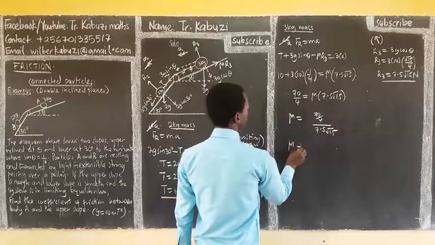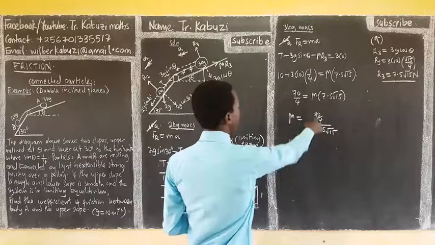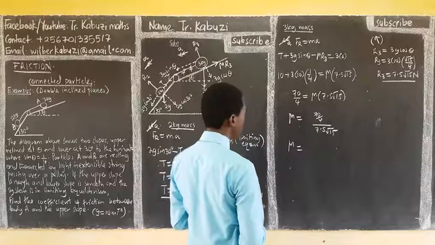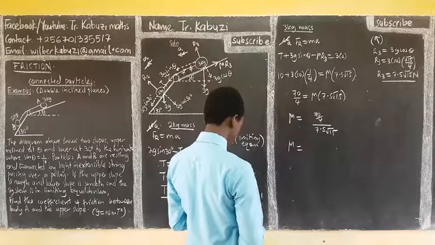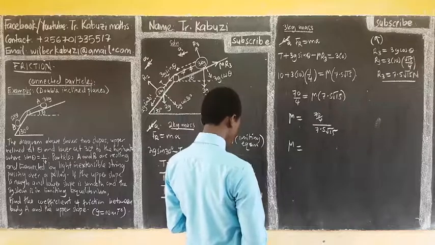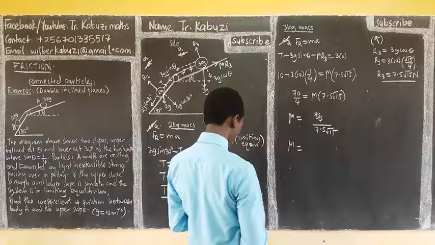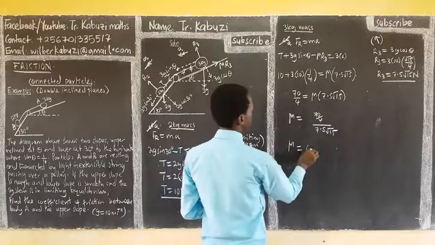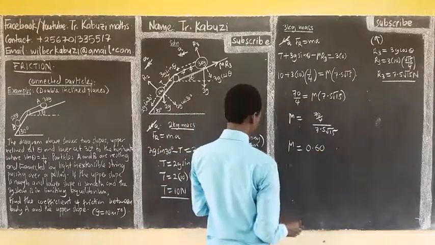So our mu from there is going to be, this is 17.5. So here I'm getting 0.6025.